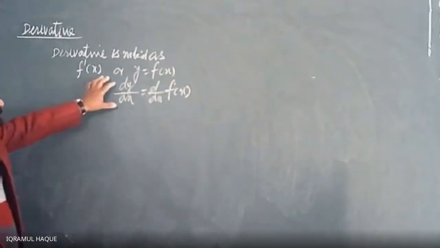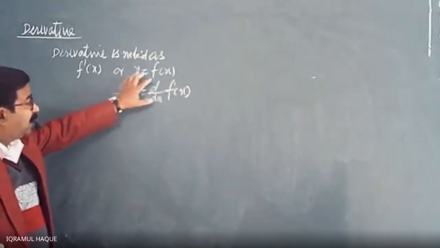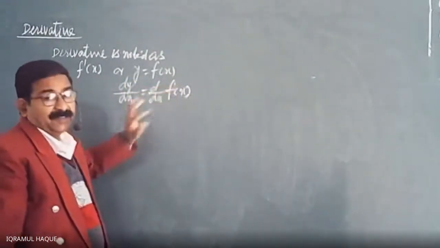This is called derivative dy upon dx. This is one method, and d of dx of f of x is another method.